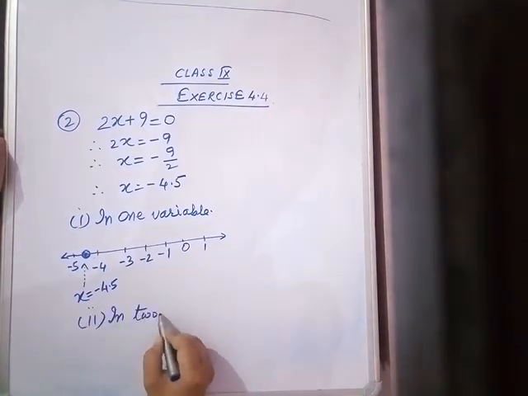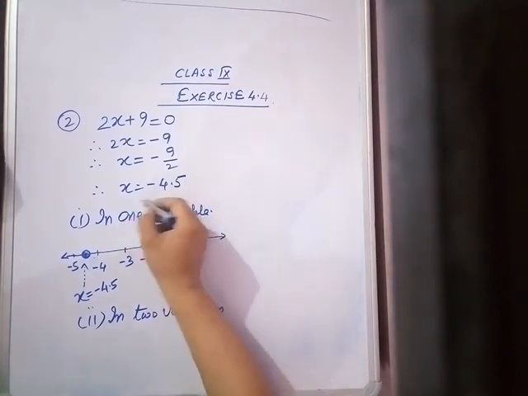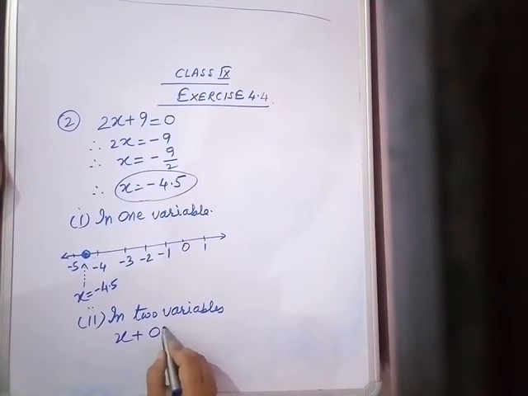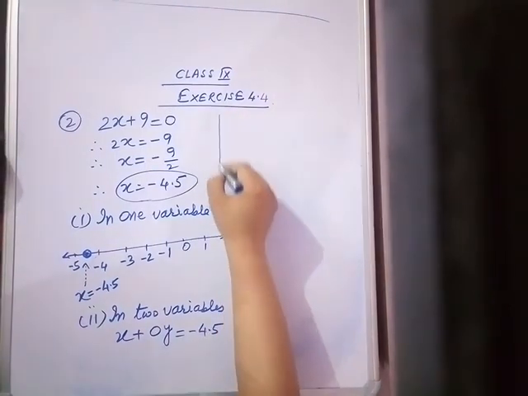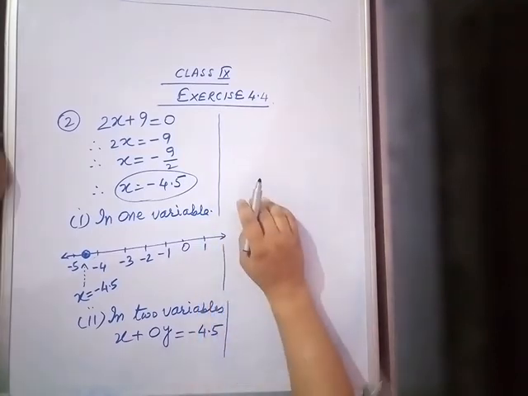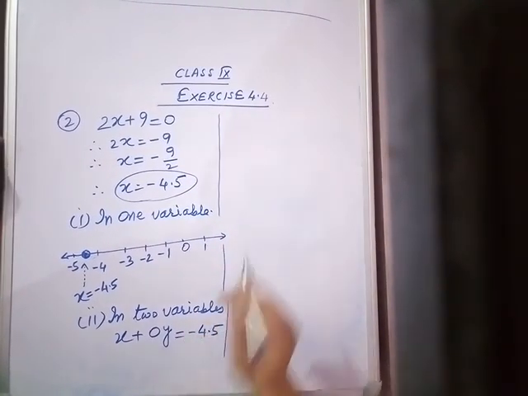And in the second case, in two variables, this equation may be written as x plus 0y equal to minus 4.5, and as in question one, we get two or three solutions of this equation.